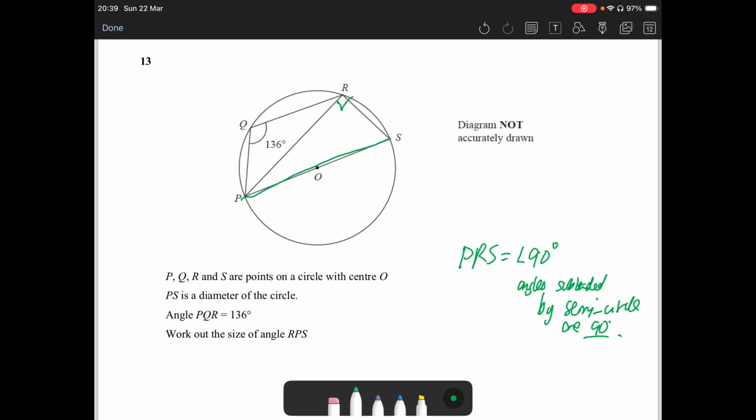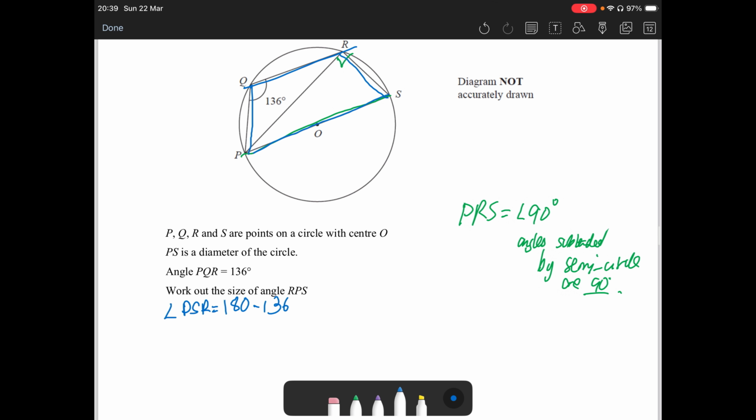PQR is given to you, and what are we doing now? It wants RPS. Okay, so look, we now have, if you look here, even though it's sort of within a semicircle, this is still a cyclic quadrilateral. So we can then say the angle PSR is 180, take away 136, right?